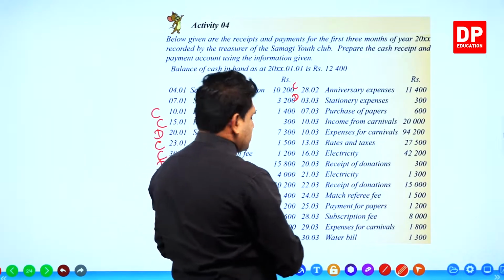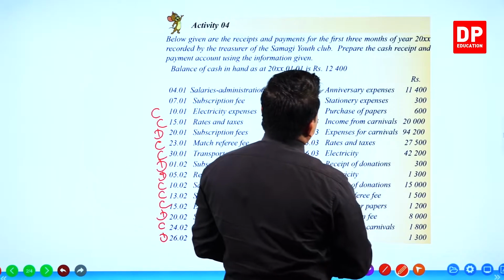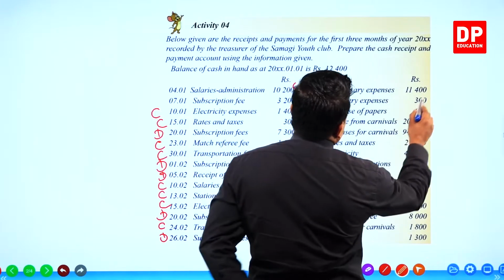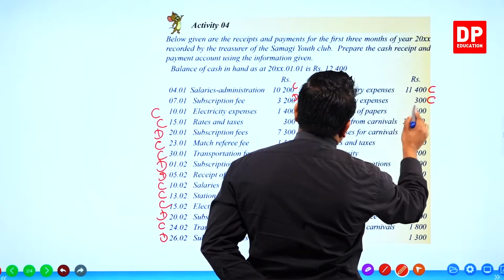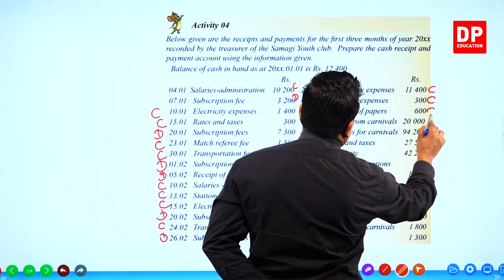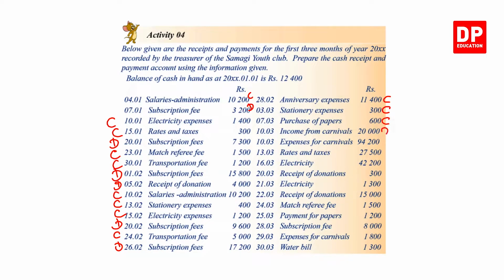Anniversary expenses, debit or credit? Anniversary expenses, credit. Stationery expense, credit. Any expense, credit. Purchase of papers, credit. Income, debit. Expenses for carnival, credit. Rates and taxes, credit. Electricity, credit.